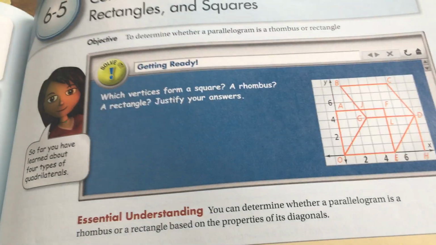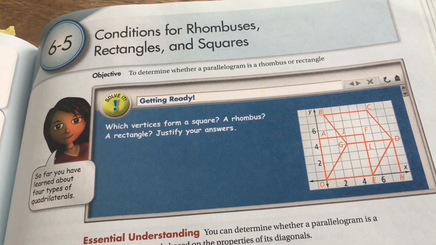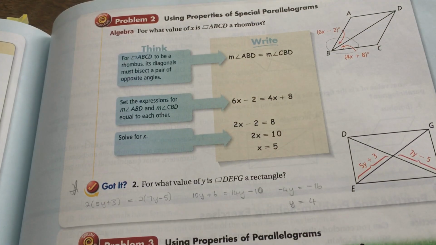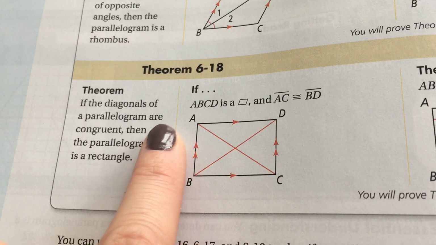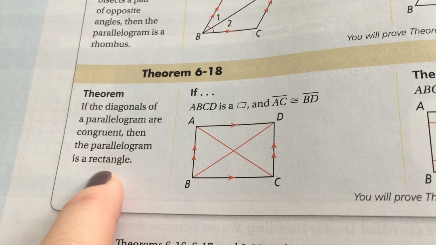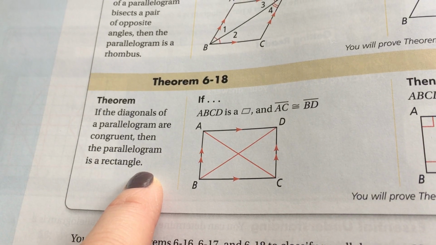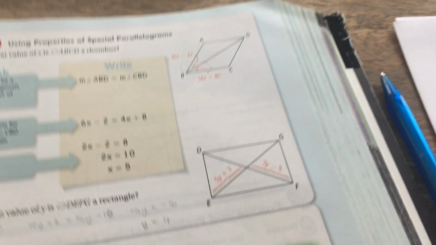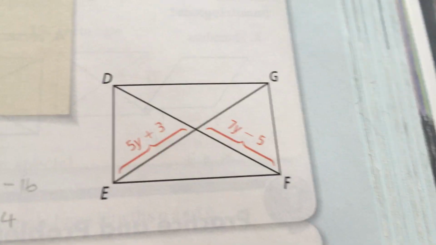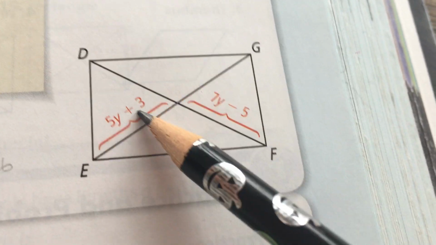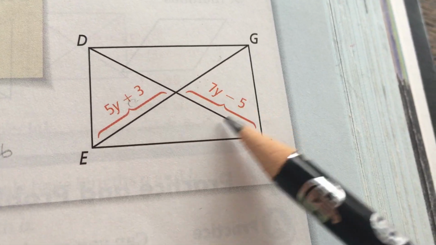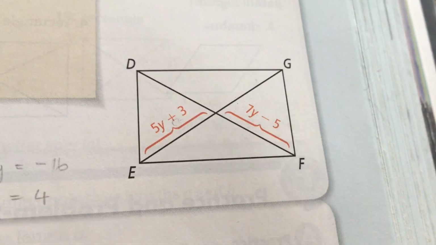So theorem 6.16 in your book said, no, 6.18. 6.18 said, if the diagonals of a parallelogram are congruent, then you have a rectangle. So there's 2 different ways to work this. If these 2 diagonals are congruent, then we have a rectangle.